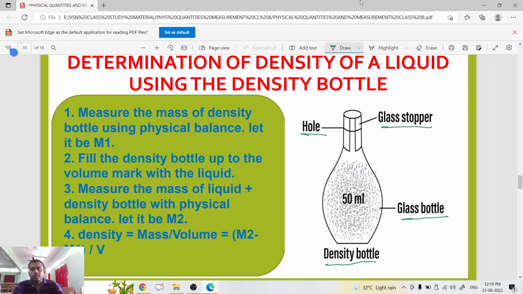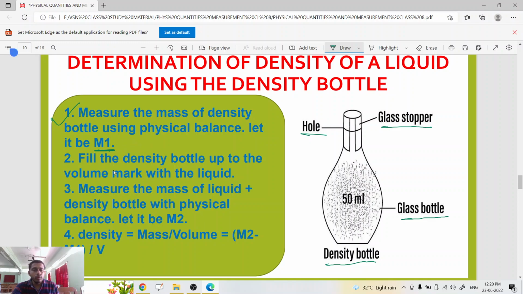Now how do we find the density of any liquid with the help of this density bottle? Simple. At first we measure the mass of the density bottle without any liquid. We find the mass of the density bottle with the help of a physical balance, and we take it as the mass of the empty density bottle, that is m1.